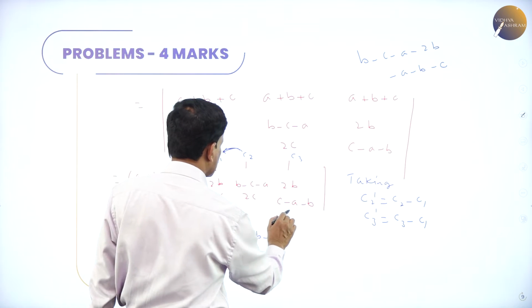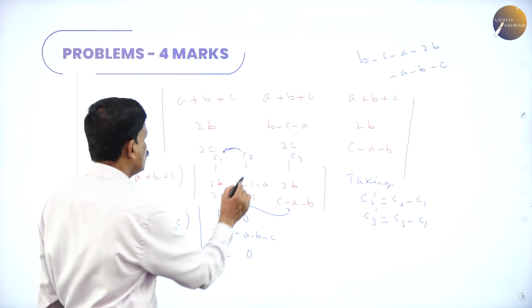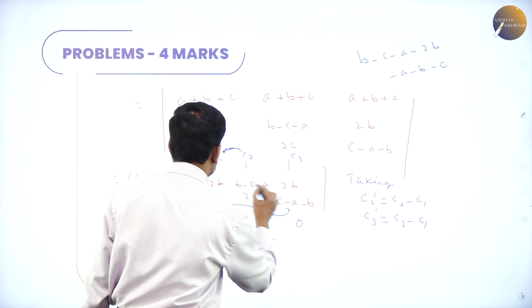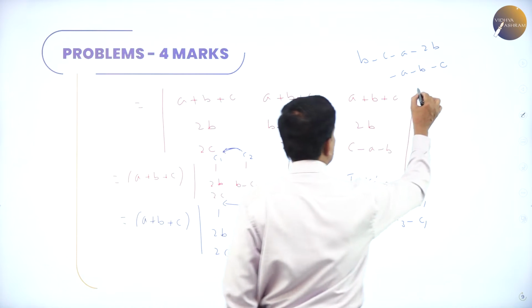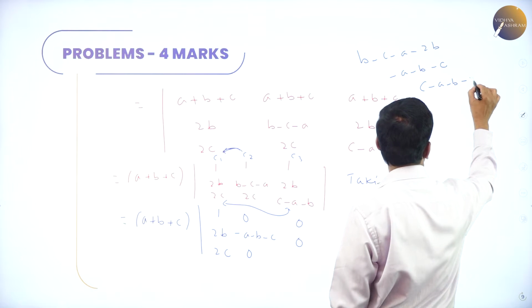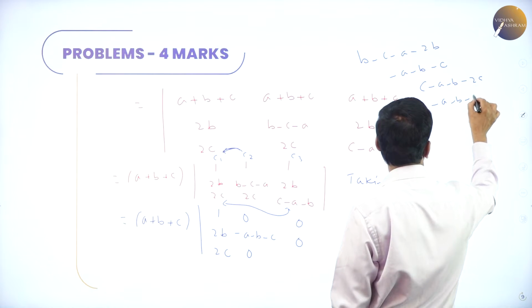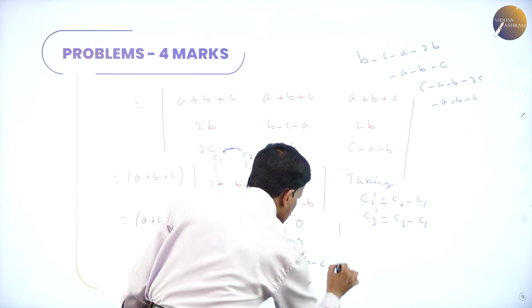Again C3 minus C1, convert these two: 1 minus 1, 0, 2B minus 2B is 0, again C minus A minus B minus 2C, this is minus A minus B minus C. So this becomes minus A minus B minus C.